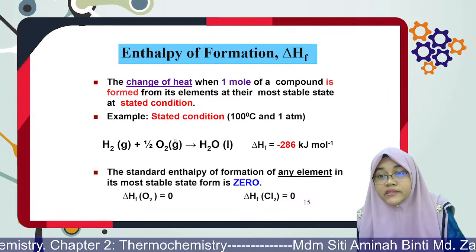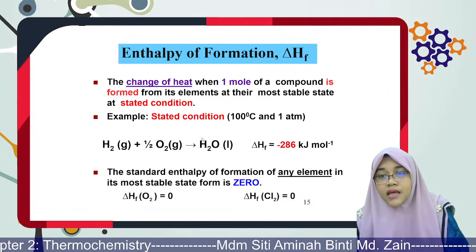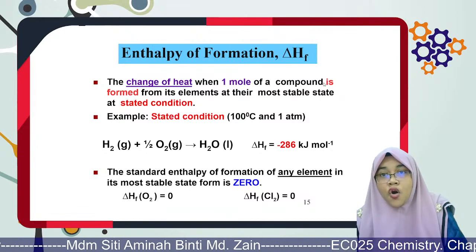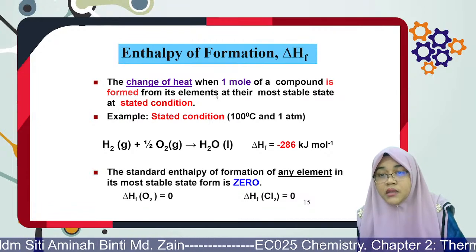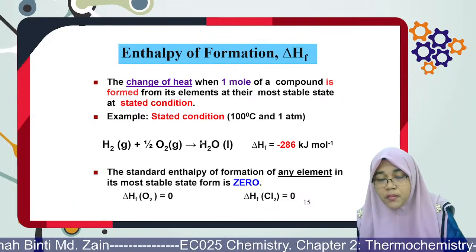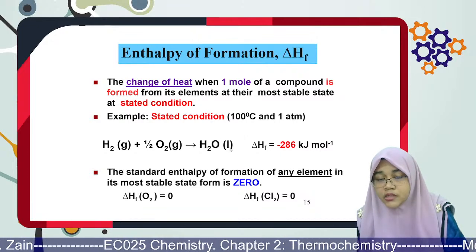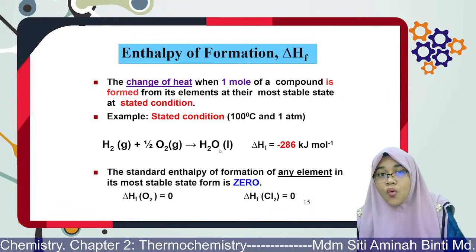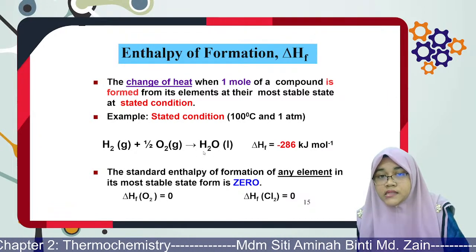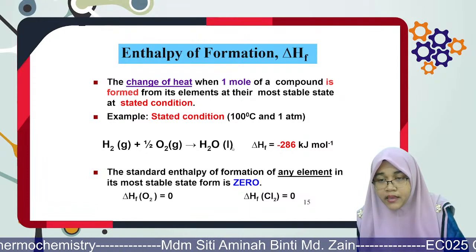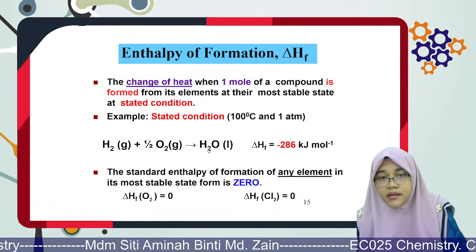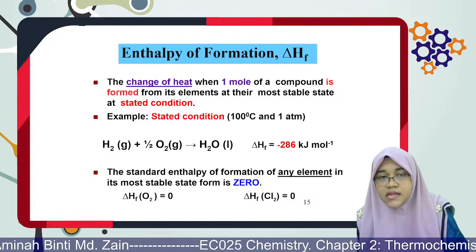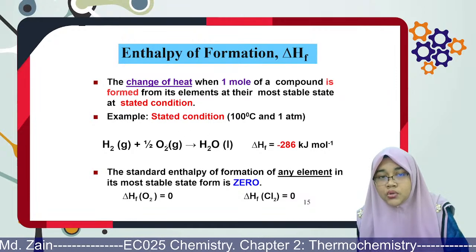This is an example of enthalpy of formation of water because a compound is formed. The product is a compound, meaning that water is formed. From what? From its elements. The elements of water are hydrogen and oxygen, there is no other element. You can see here the element hydrogen is H2 gas and the element oxygen is O2 gas.